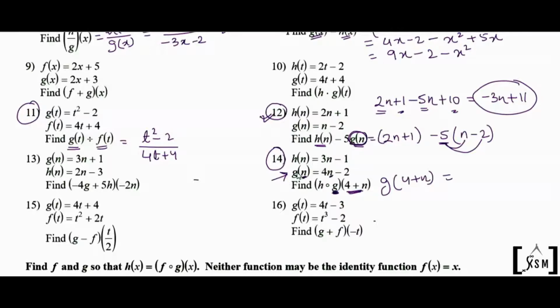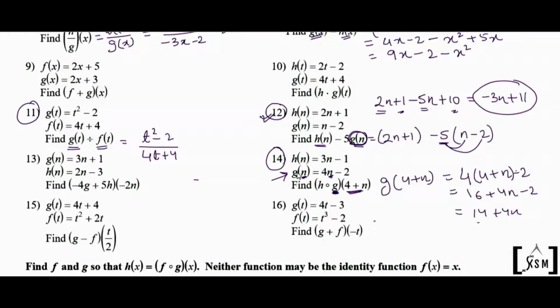So I will get 4 bracket 4 plus n and minus 2. 4 times 4 is 16 plus 4 times n is 4n and minus 2. So that simplifies to 14 plus 4n. So that is my g of 4 plus n value.